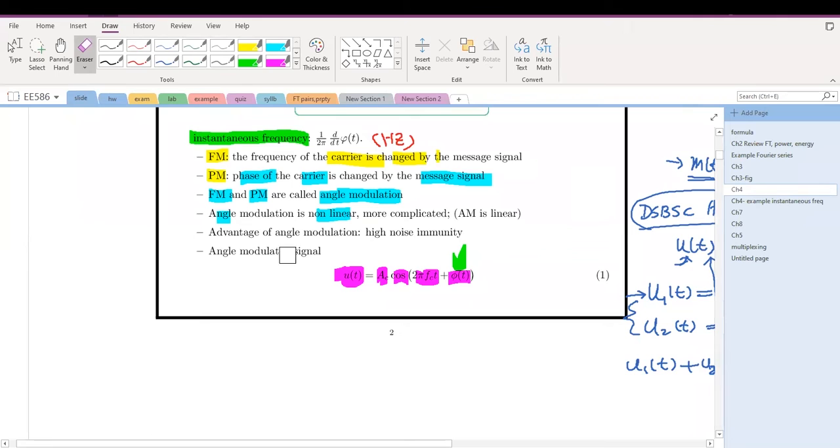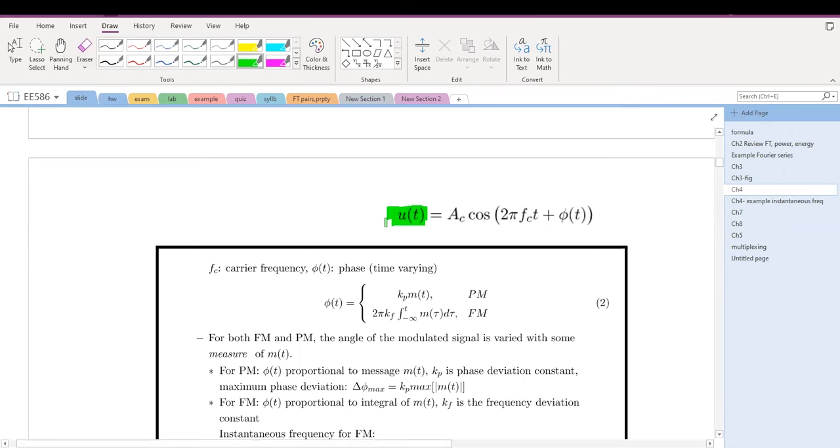Now let's define the angle modulated signal. It has a general form of u(t) equals Ac multiplied by cosine of 2 pi fc t plus phi(t), and this phi(t) is defined differently for FM and PM modulations. This is a general modulated signal for FM and PM, and fc is the carrier frequency in the carrier signal.